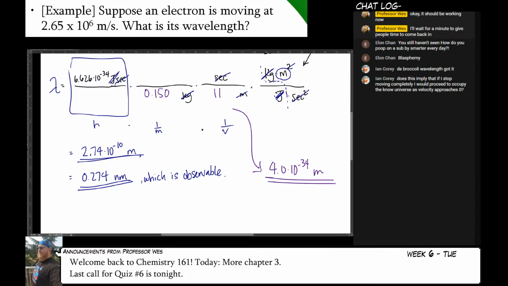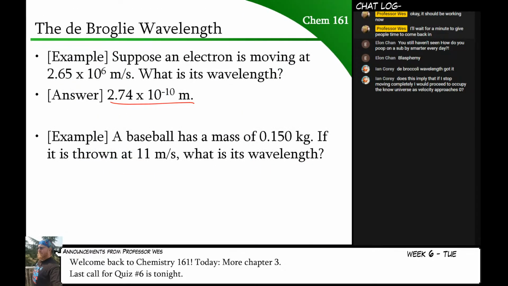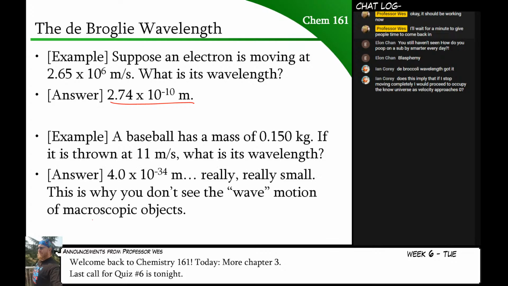That, unfortunately, is not a photon that we can observe. That would be a photon that has so much energy in it, it would destroy any detector we have. So large objects have very, very, very tiny wavelengths. So tiny, you just can't notice them.